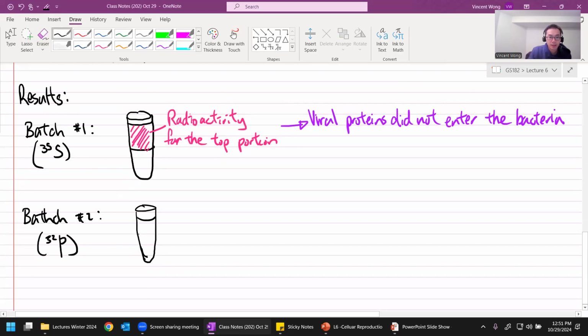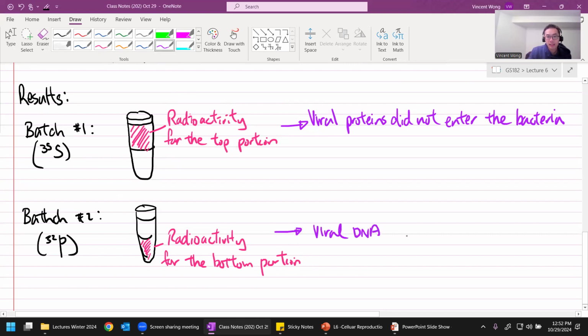And let the virus infect the bacteria, spin it down, and they detect the radioactivity only at the bottom portion. So what does this mean? This means the viral DNA entered the bacteria.